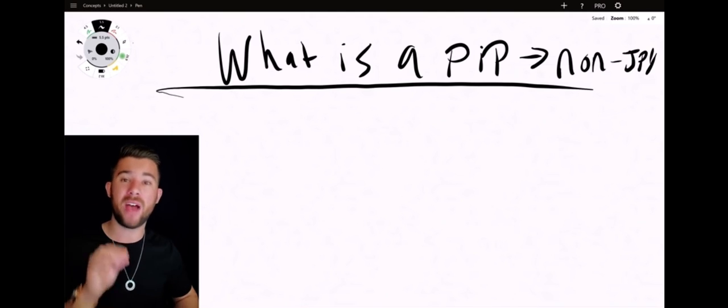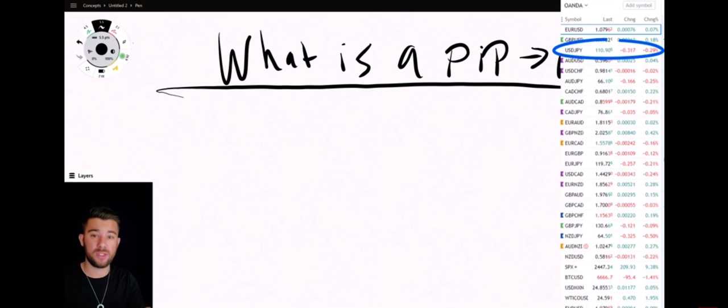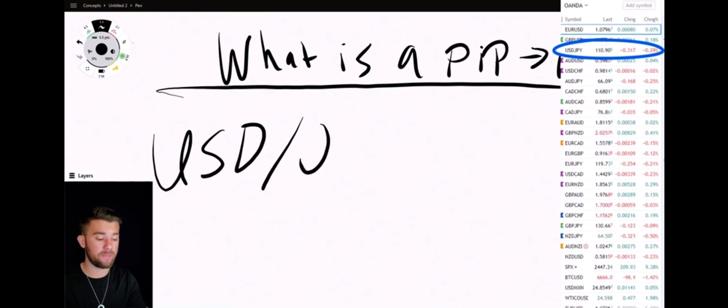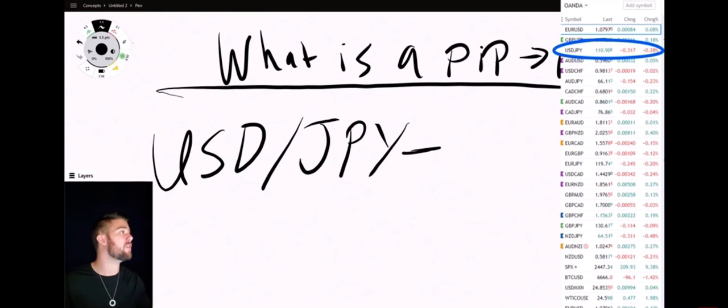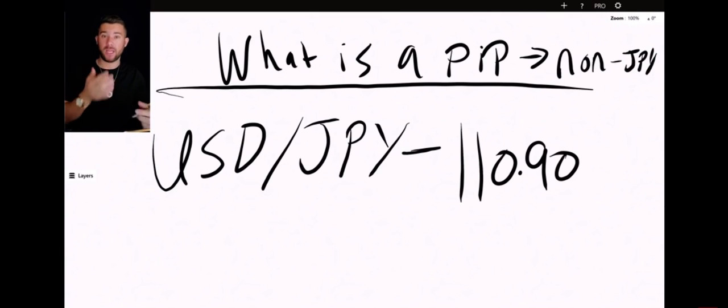If we look at the value right now of the dollar yen, which is USD JPY, the dollar yen currently has a value of 110.90. With this being the case, on only pairs with JPY attached to them, we go 2 decimal places instead of 4. What do I mean by that?